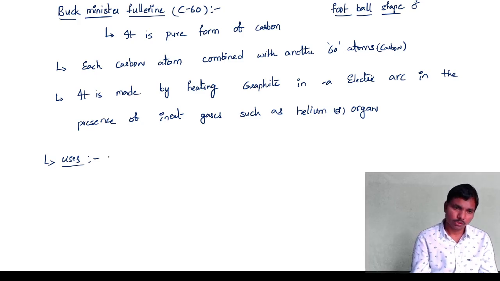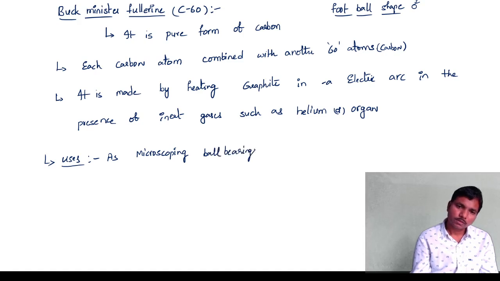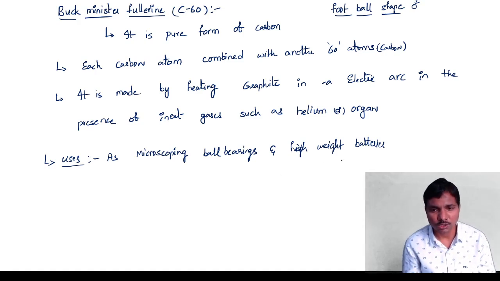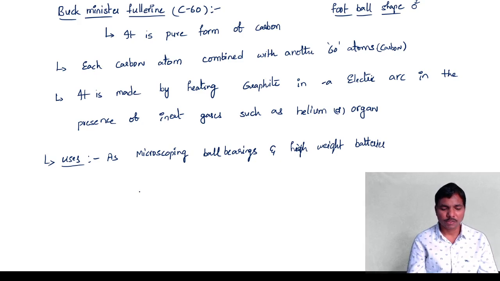So it is used as microscopic ball bearings, and also in high weight batteries. Okay, because of its lightweight nature, wherever we use high weight batteries, we also use this Buckminster fullerene.